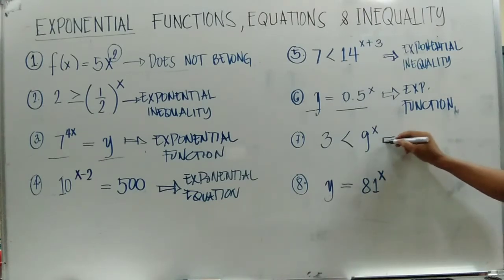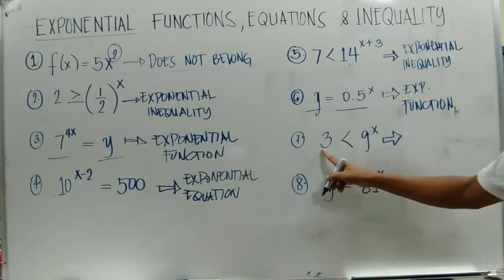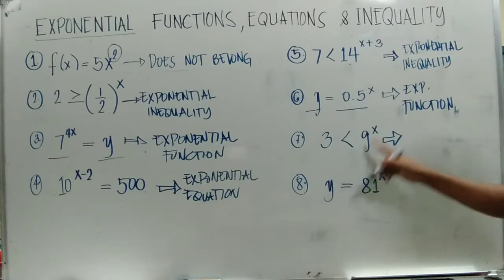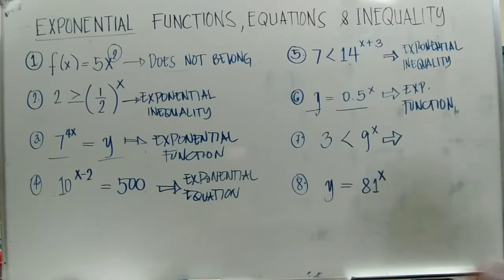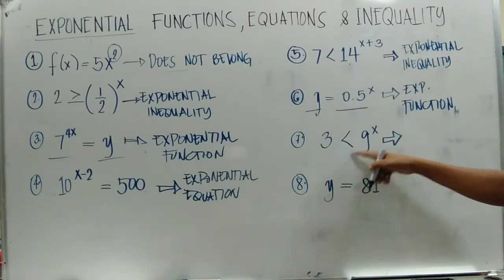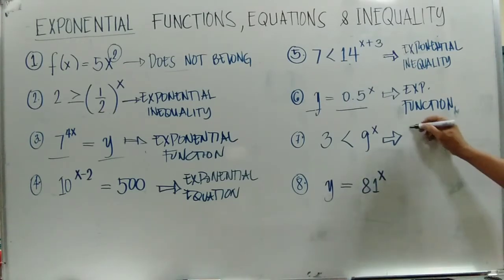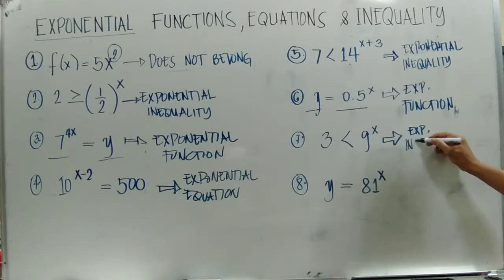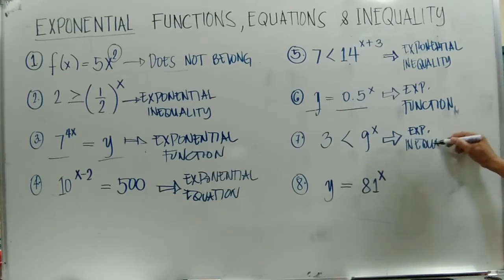Now let's proceed to example number 7. We have 3 is less than 9 raised to x. Looking at the symbol, we have an inequality symbol. So that will be an exponential inequality. Okay?